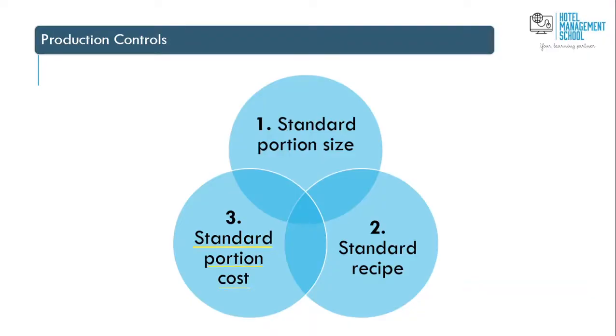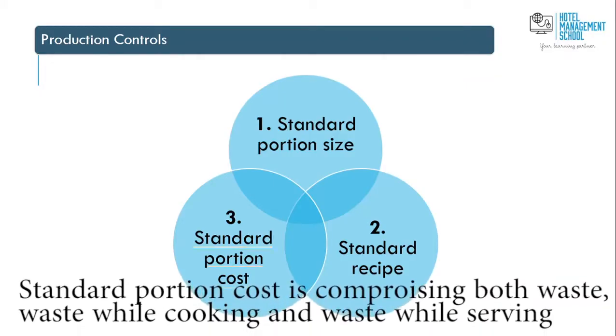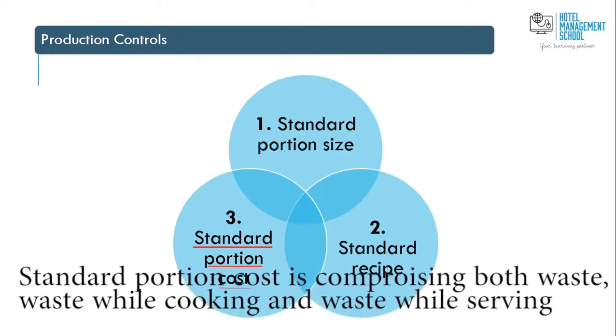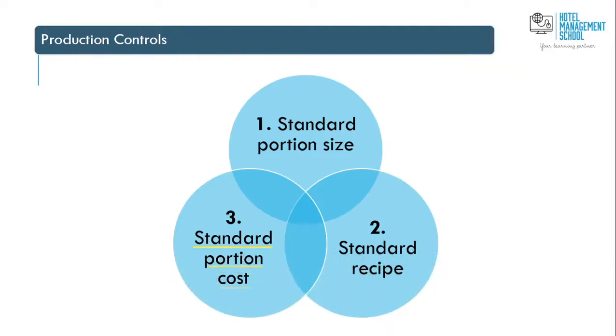Either you eat it yourself or the staff eat it, but you cannot sell it to the guest. Correct. So your standard portion cost comprises waste while cooking and waste while serving also. Sometimes when you serve, you spill. You cannot serve 100%. Some days there is some leftover in the dish or the cooking dish, correct?